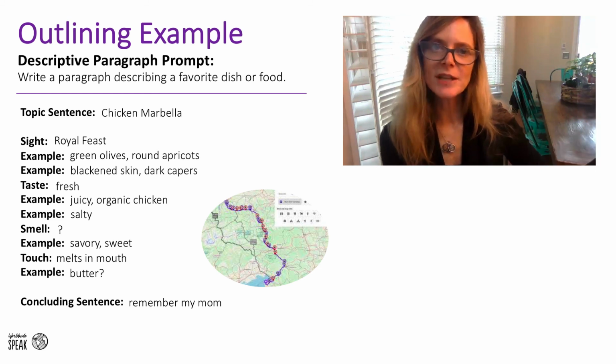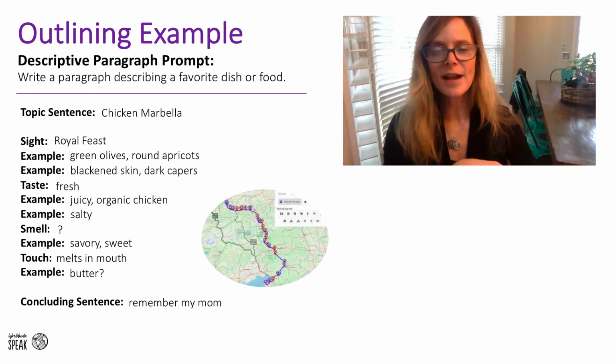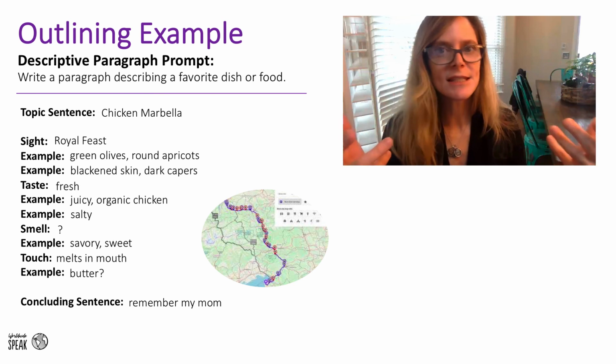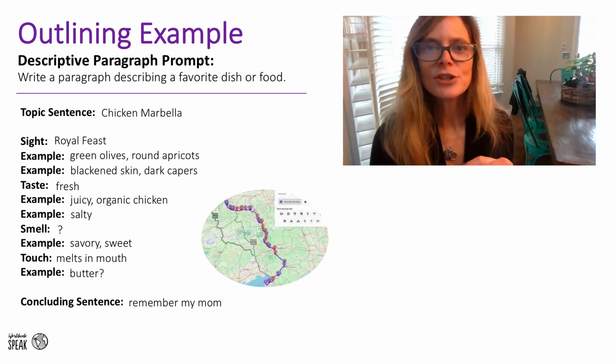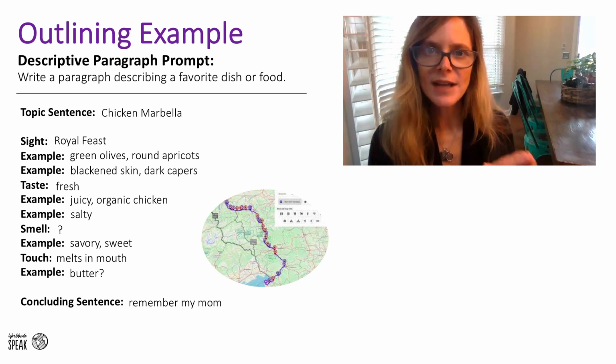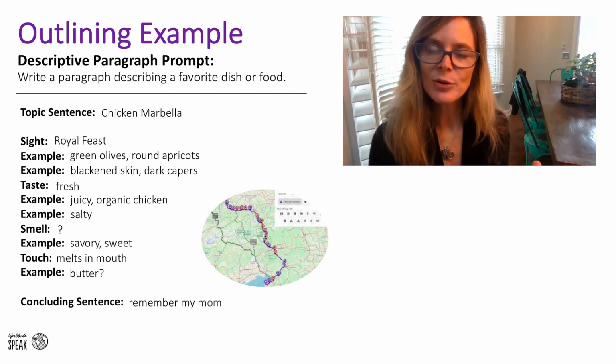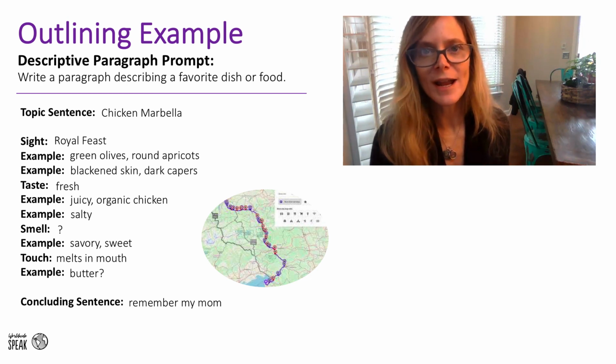You have a start and you have a finish and you have all of the points in between. You don't have all of the details and all of the writing, but you definitely have a really solid foundation with which to start writing the actual paper, which will be your first draft.